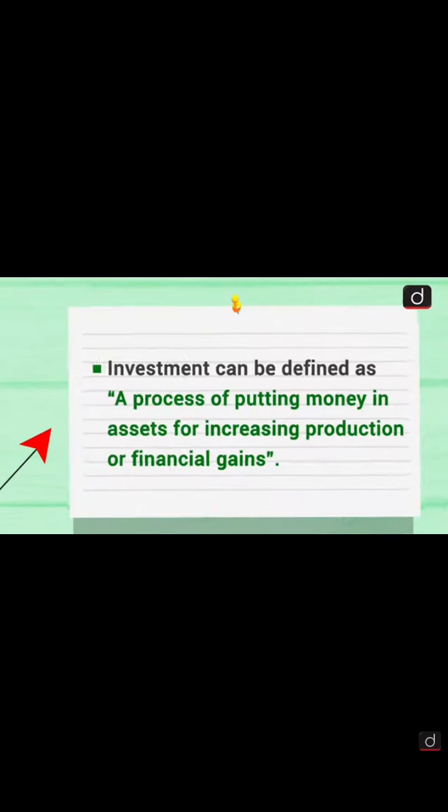Increasing production in case of manufacturing, or we could say that we are putting our money in assets for getting any financial gain. And the definition written in the book is that money is exchanged for a better return or profit yielding assets. So it is also a kind of thing that they have mentioned in the book.